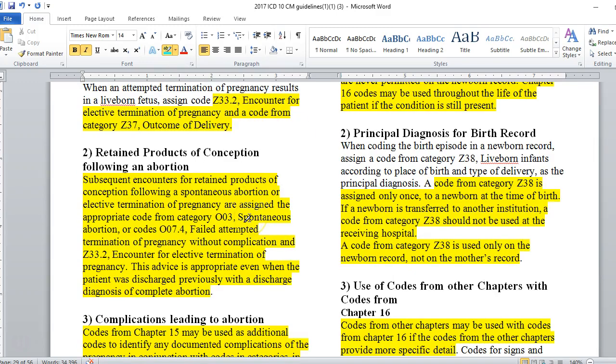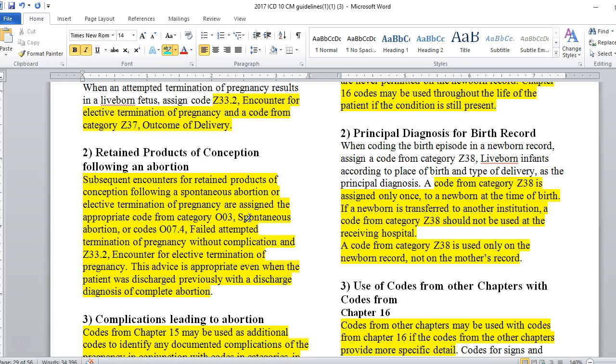So, as it goes on to tell us, subsequent encounters for retained products of conception, so any pieces of leftover tissue that might have been left by accident, following a spontaneous abortion or elective termination of pregnancy, are assigned the appropriate codes from category O03, spontaneous abortion, or code O07.4, failed attempted termination of pregnancy without complication, and Z33.2, encounter for elective termination of pregnancy.